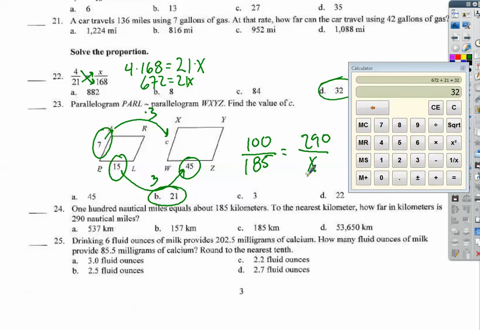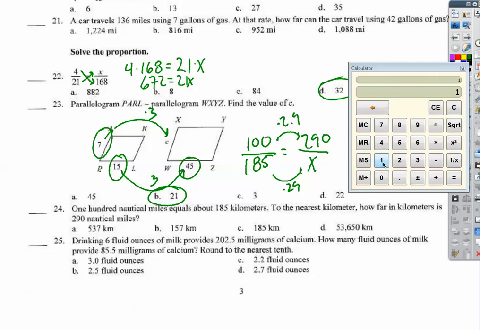I could cross multiply, but I noticed that if I multiply 100 times 2.9, I'll get 290. Then I would multiply 185 by 2.9, and I'll get my x.